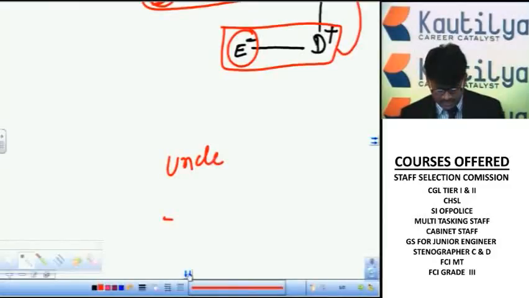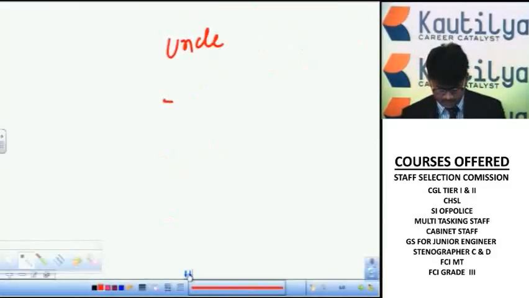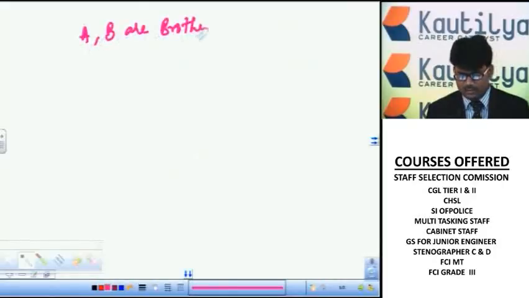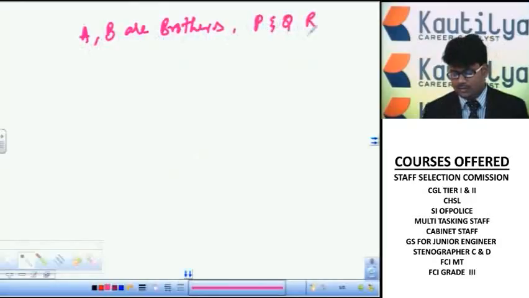Okay, another example in the same model. A and B are brothers, and P and Q are couples.